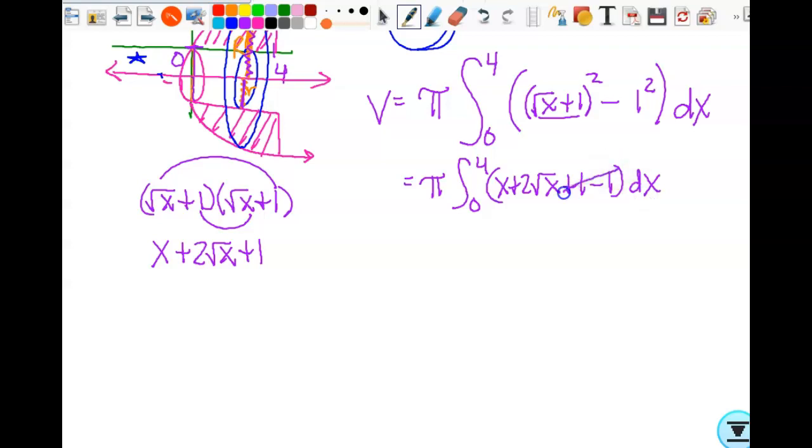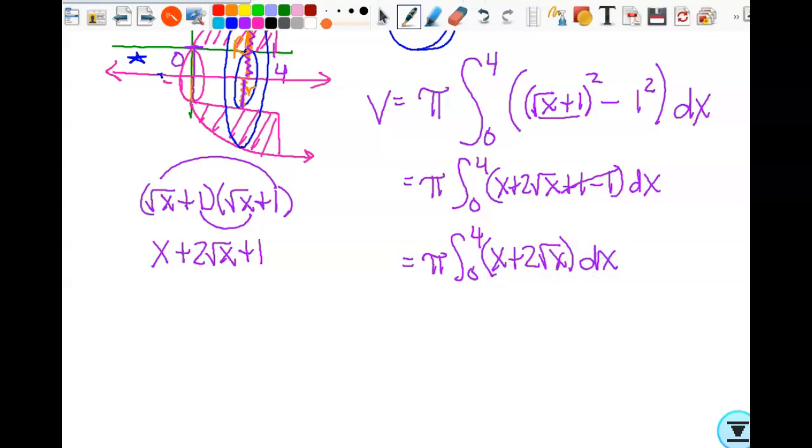So yes, these are going to zero out. So now that leaves me with pi times the integral from 0 to 4 of x plus 2 square roots of x dx.